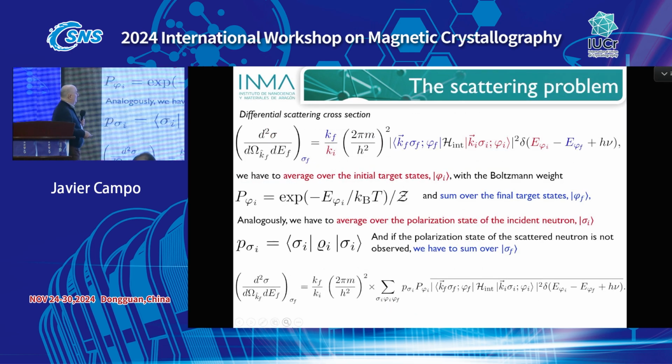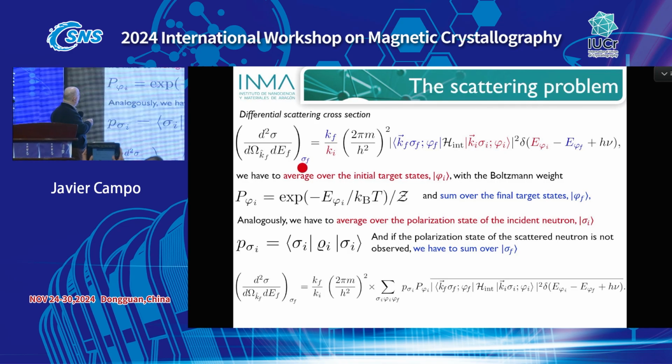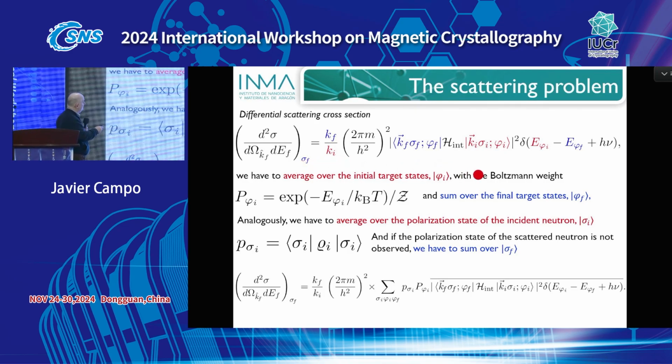Then, yesterday I used also this expression, the number of neutrons scattered in a given direction given by Kf with a given final energy. Today I stress this point, with a final state polarization, it is given by this expression.